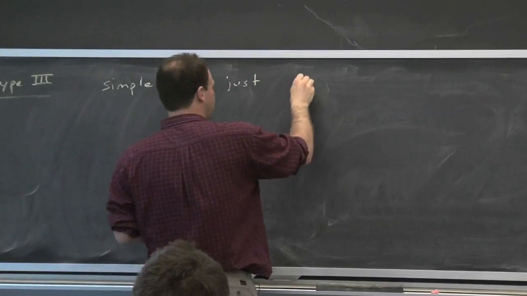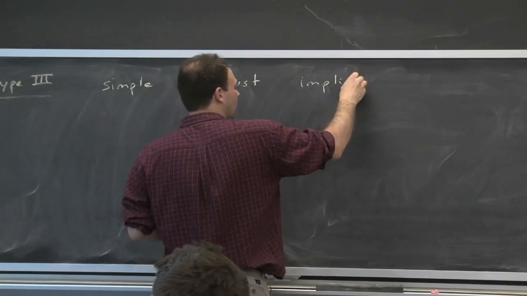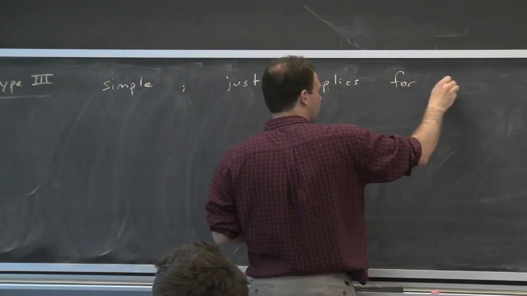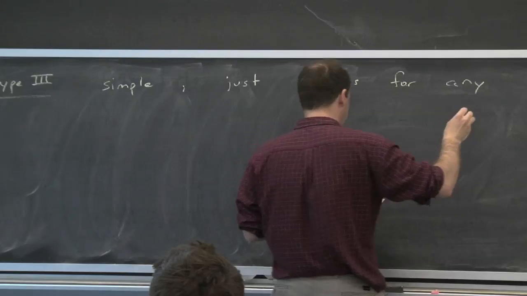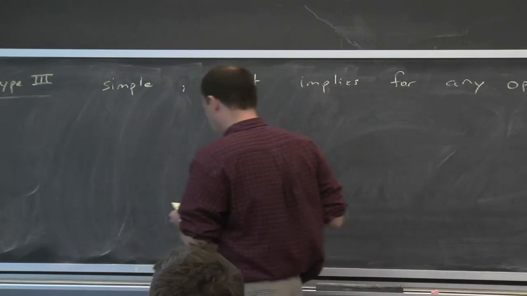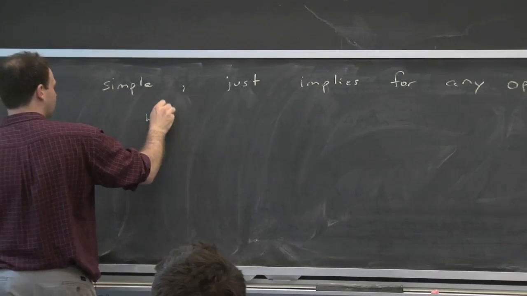It just implies that any operator that has an n must have a corresponding n bar sitting next to it, effectively. So I'll give you some examples.